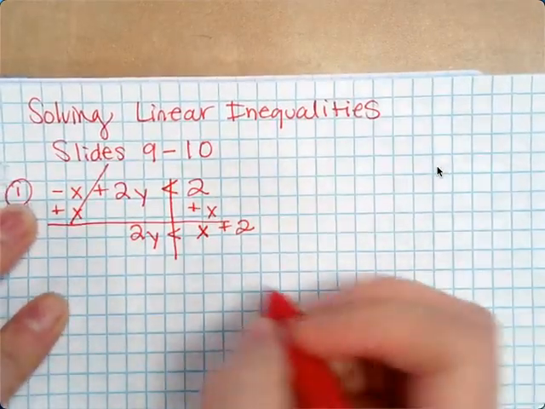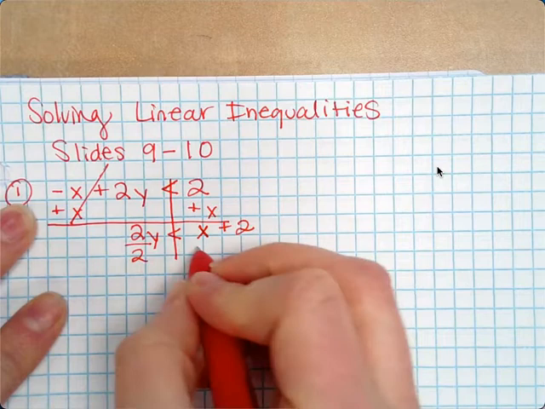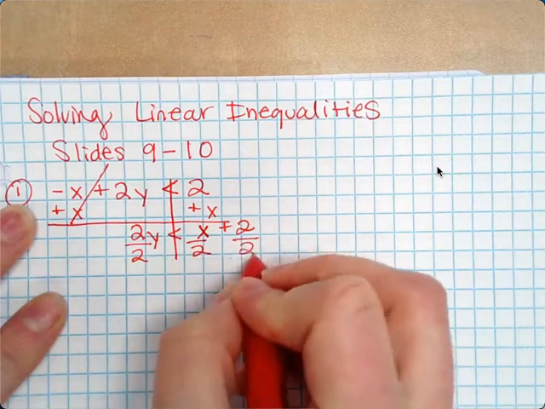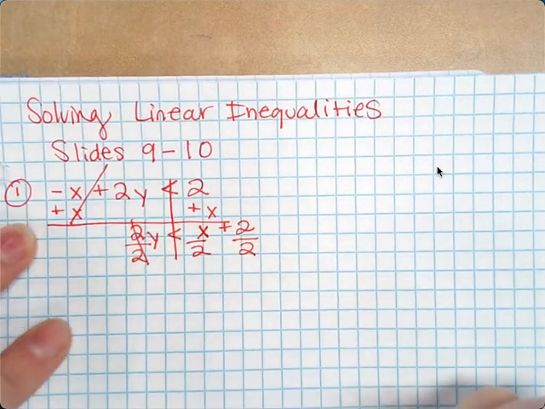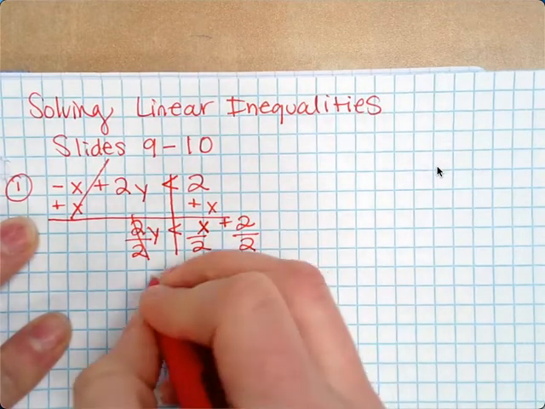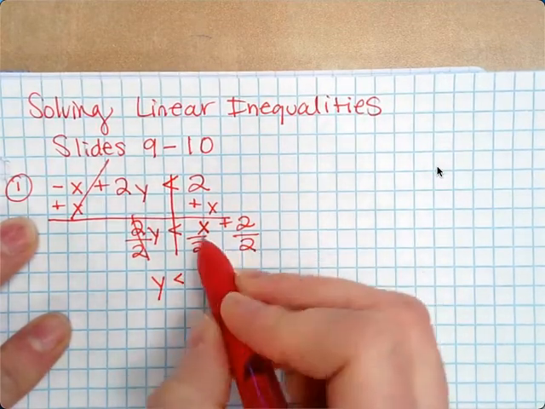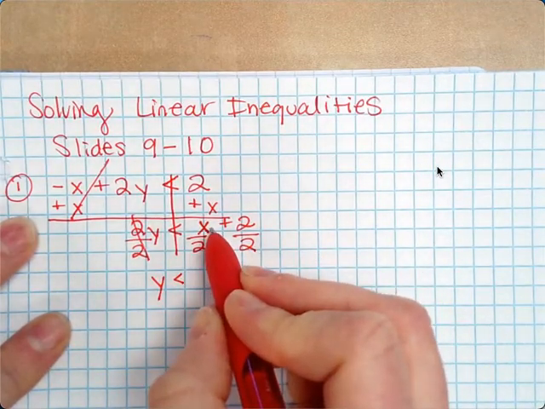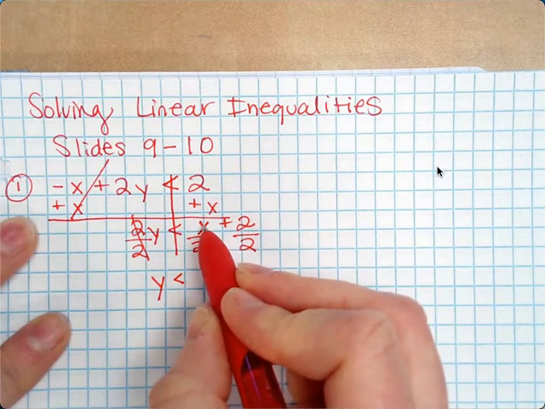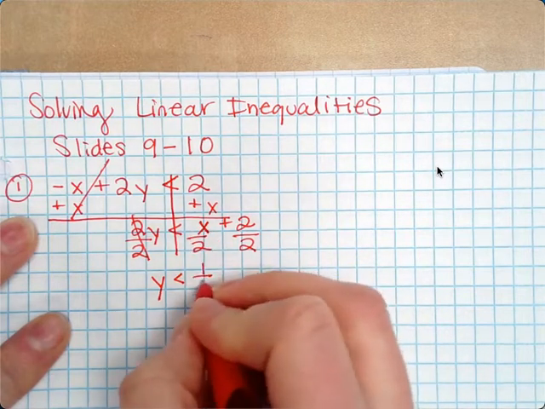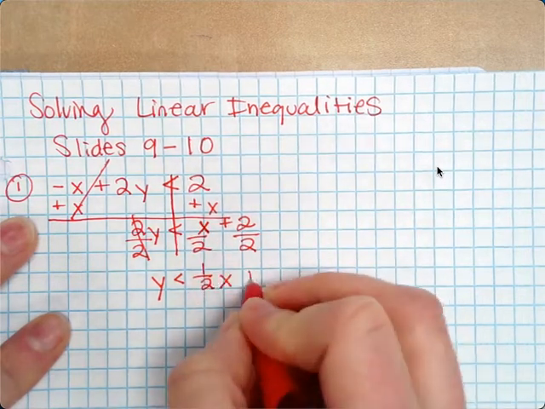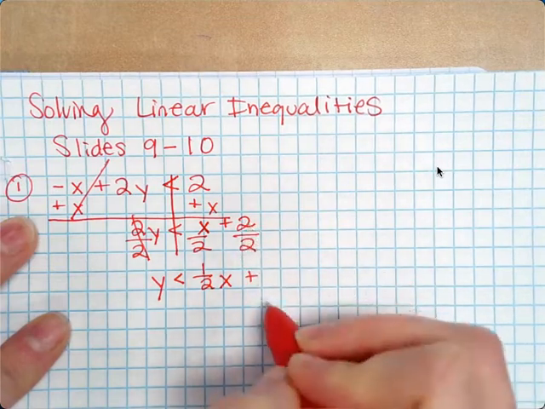You'll get better. Divide by 2 all the way through. We get y is less than, so the coefficient of x, the number in front of x, is 1, so it's 1 over 2 x plus 2 over 2 is 1.